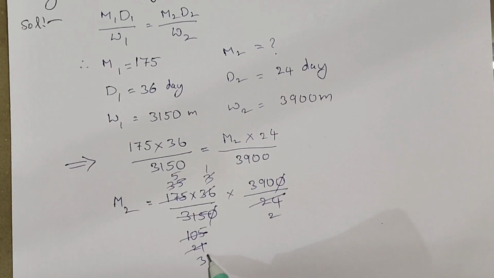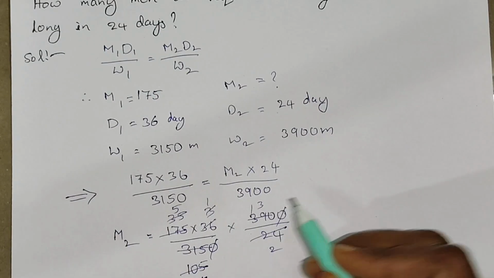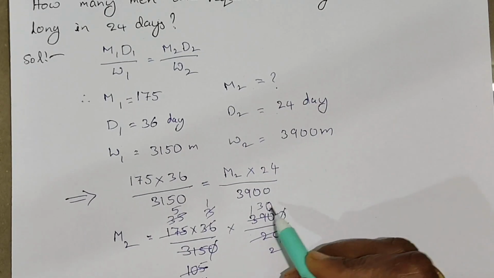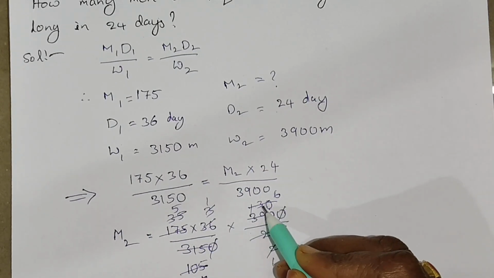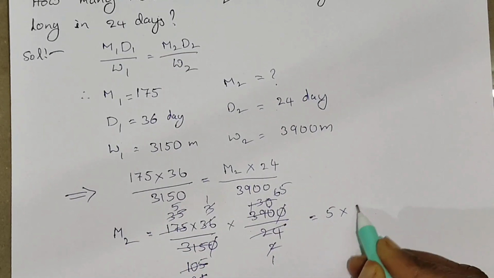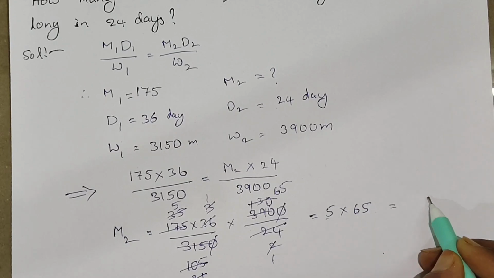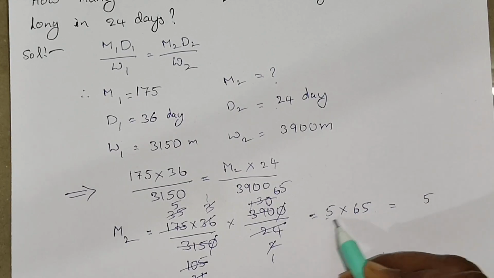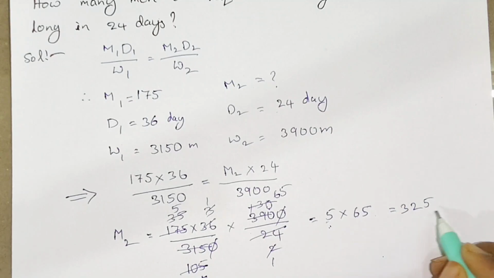Here 3 1s are 3, 1s are 3, 3s are. So here 0 is there. Here 2 1s are 2, 6 are 12, 2 5s are. So 5 into 65, 5 into 65. Here 5 5s are 25. Here 5 6s are 30 plus 2, 32, 325.